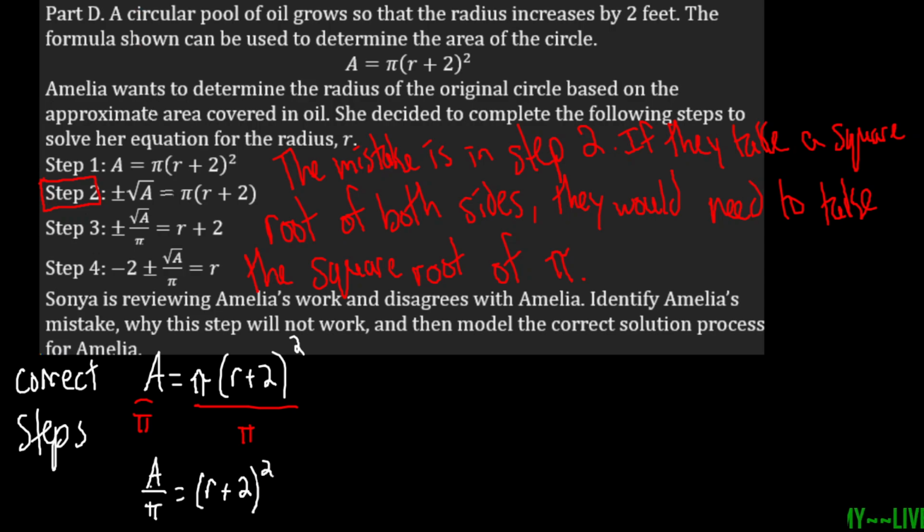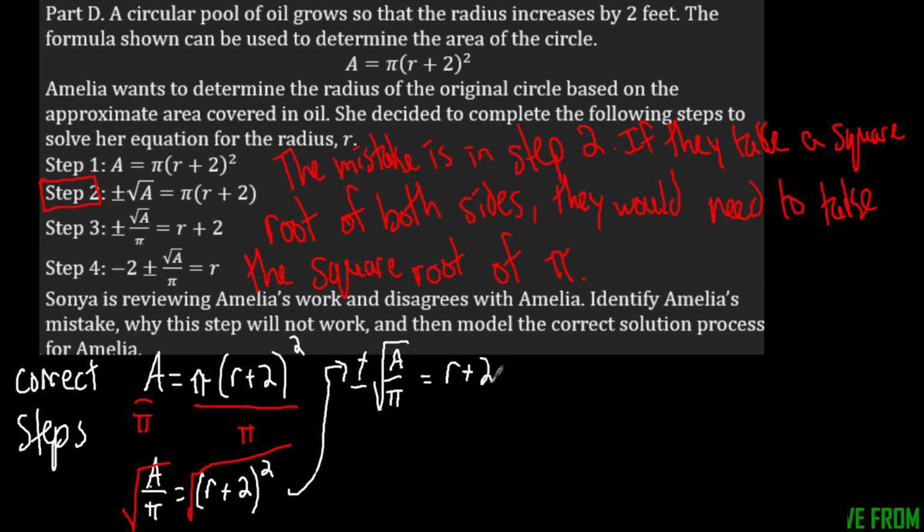Now we can take the square root of both sides. So up here, I'm going to say plus or minus square root of A over pi equals r plus 2.